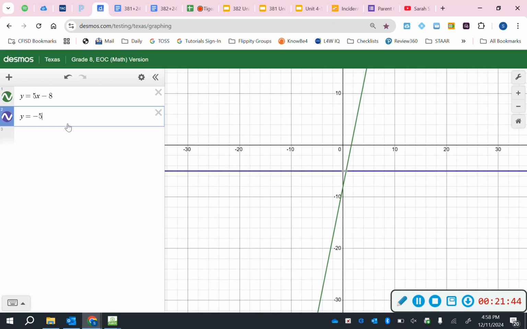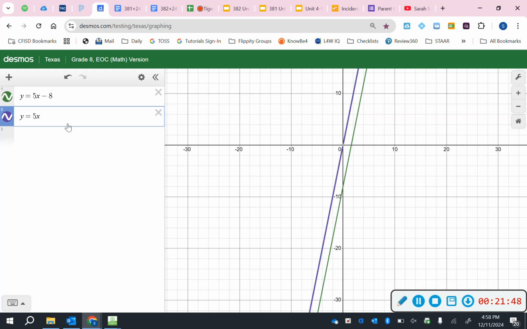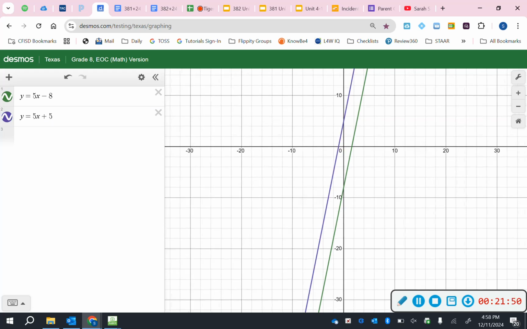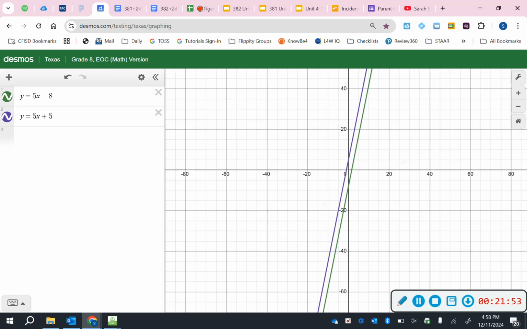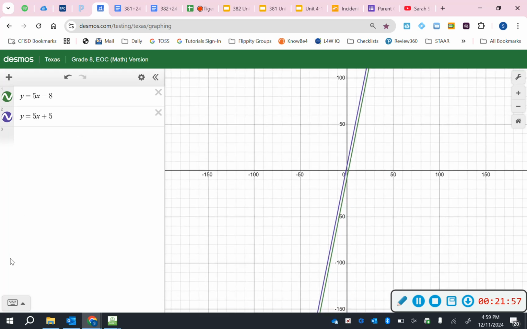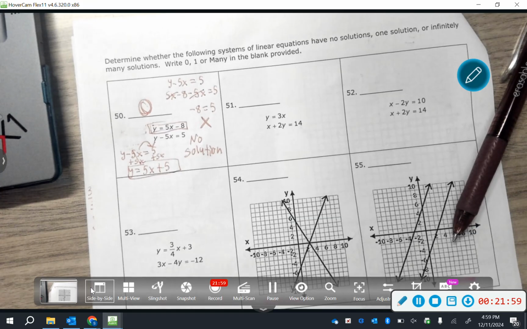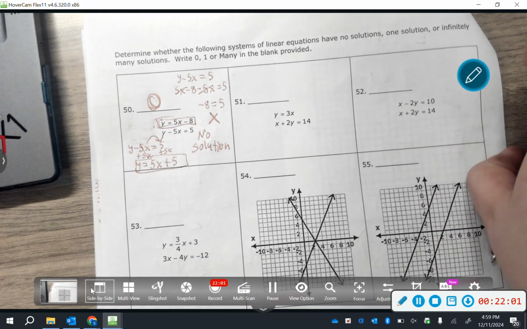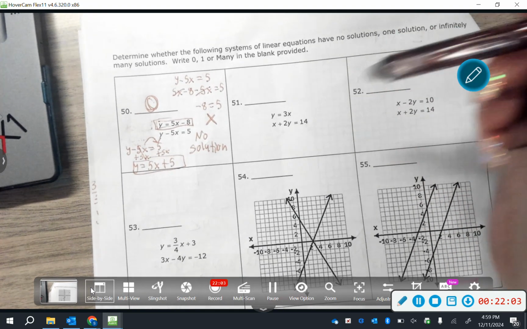So y equals 5x minus 8, y equals 5x plus 5. These are two parallel lines. No matter where I look, these are not going to cross. It's called no solution. So either way, we still got there 0. There are no solutions. Okay.